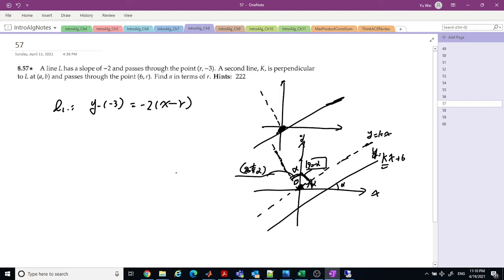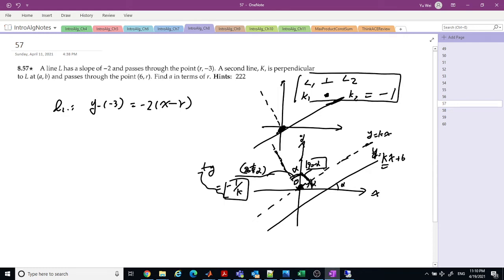So tangent of 90 plus alpha equals -1 over k. If line 1 is perpendicular to line 2 with slopes k1 and k2, it's very important that k1 times k2 equals -1.